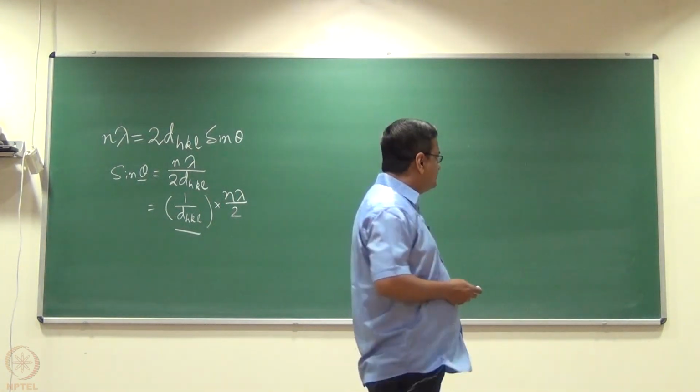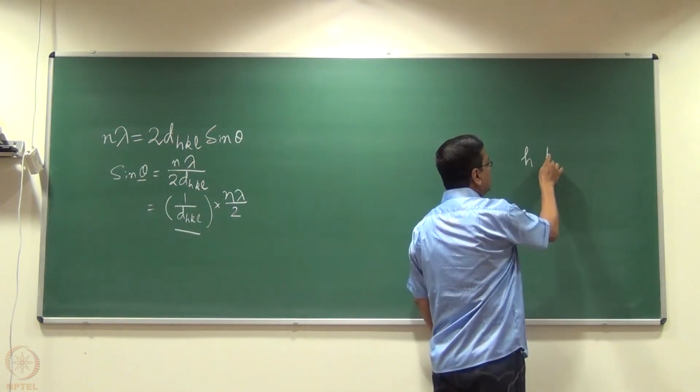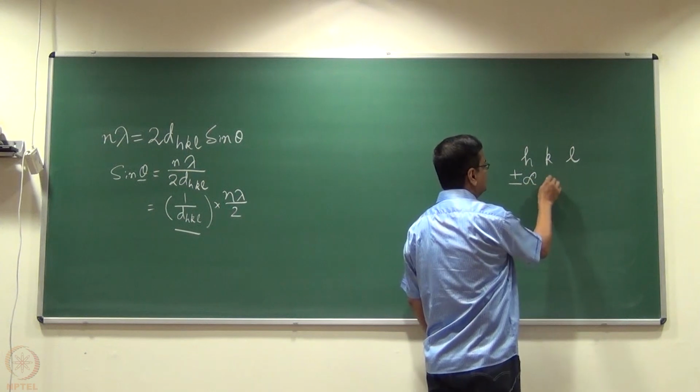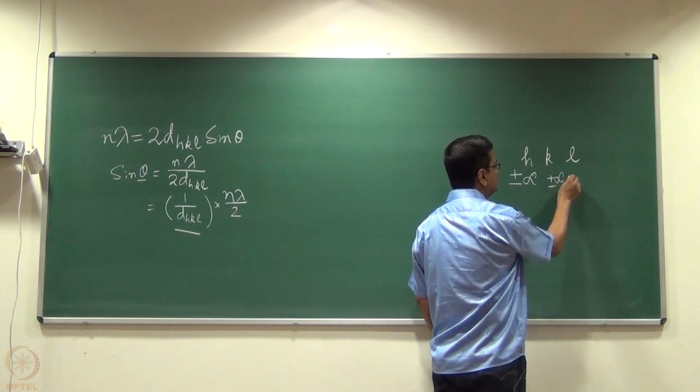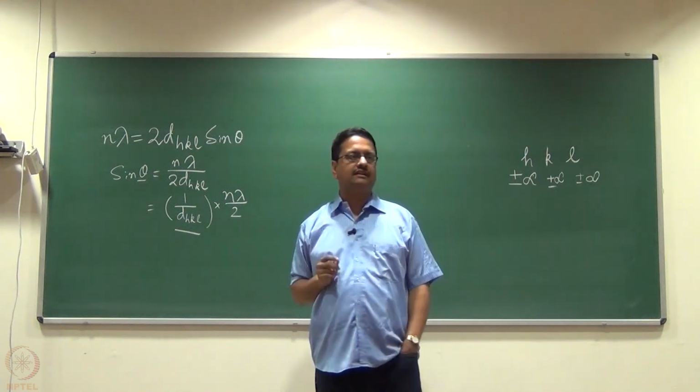Because as I said, a full sphere data corresponds to HKL values ranging from plus minus infinity to plus minus infinity. This gives you the complete data set.